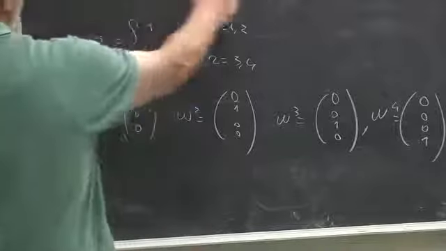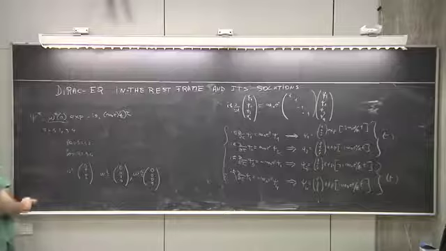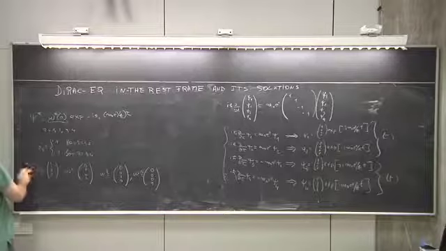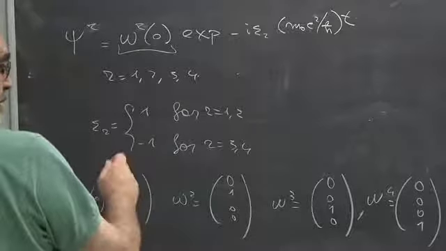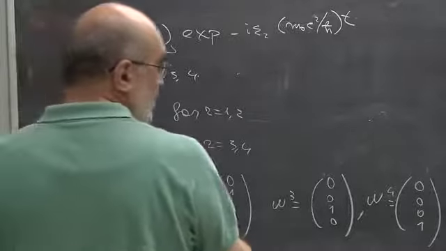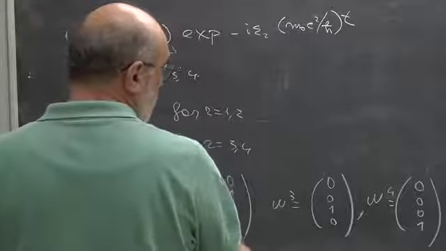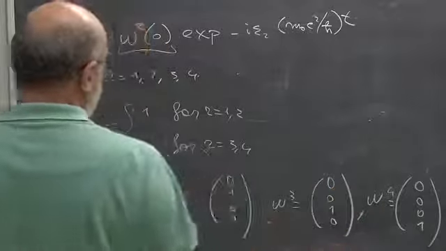At least this is a compact form. You don't have to write all four, just put this index. But remember that this means the only element different from 0 in this spinor is the first. The only element different from 0 in this second spinor is the second. The only element different from 0 here is the third, and so forth.